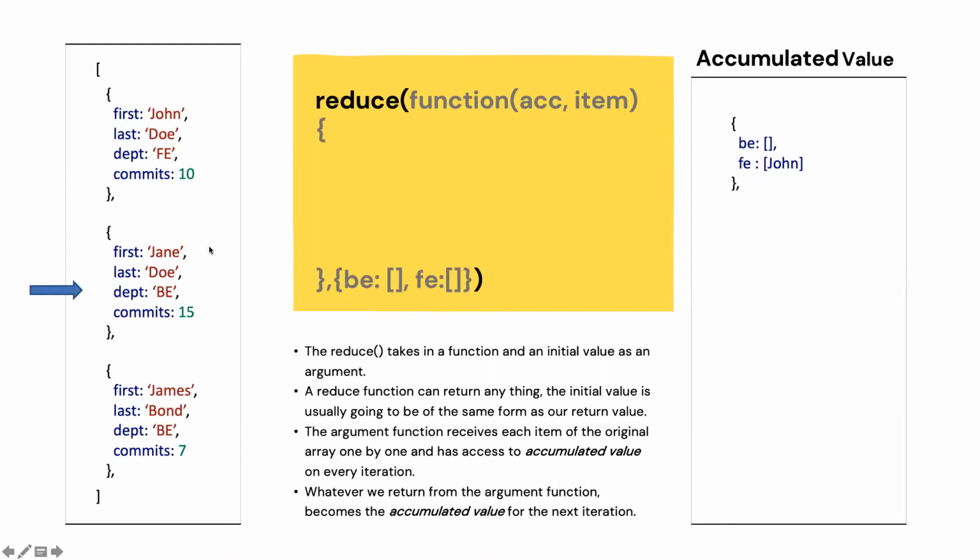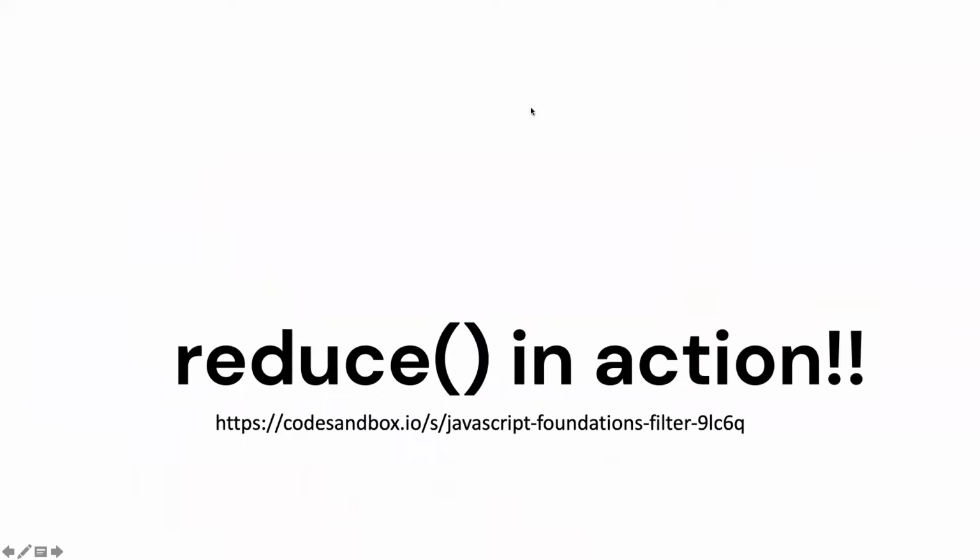Again, we get access to the item, we can write some logic, and maybe add something to the backend. This is a bit important: what we return from a reduce function becomes the accumulator for the next iteration. Hopefully our example will make it a bit more clear.